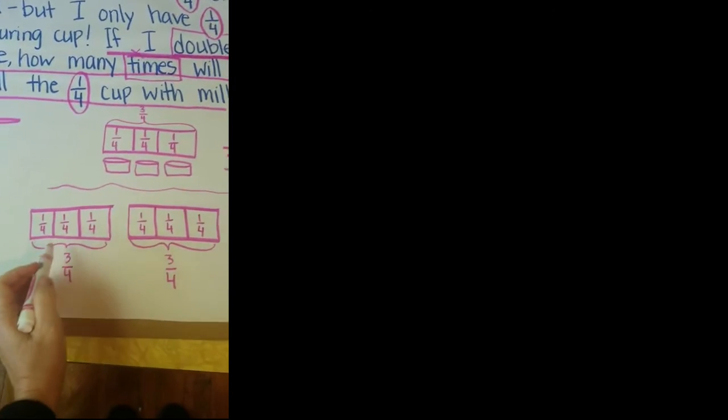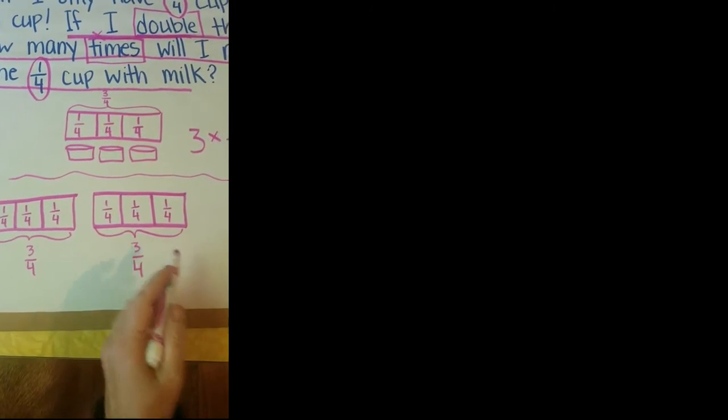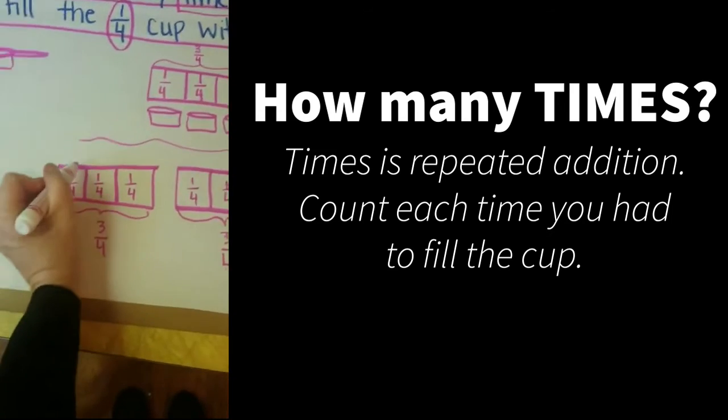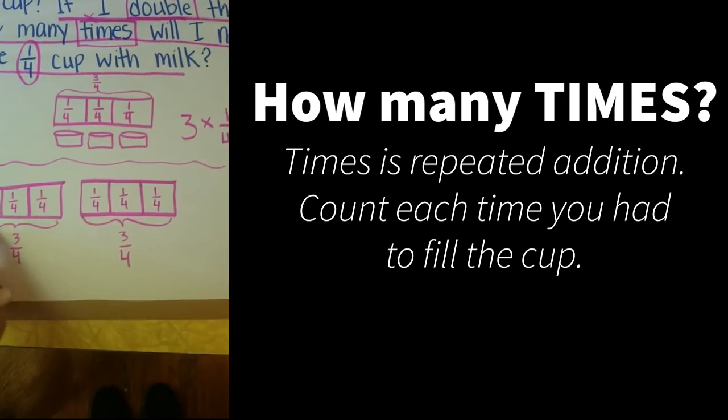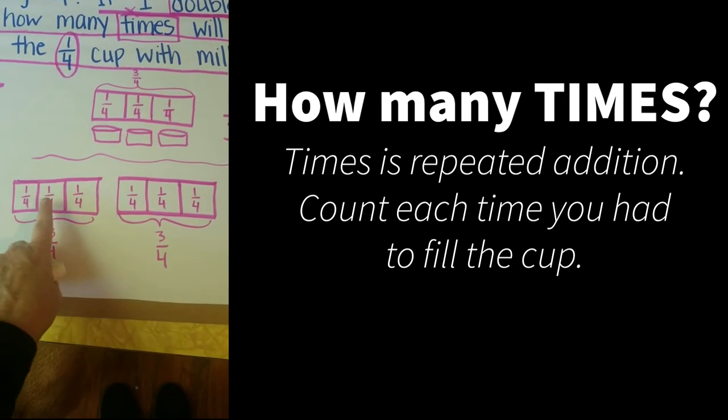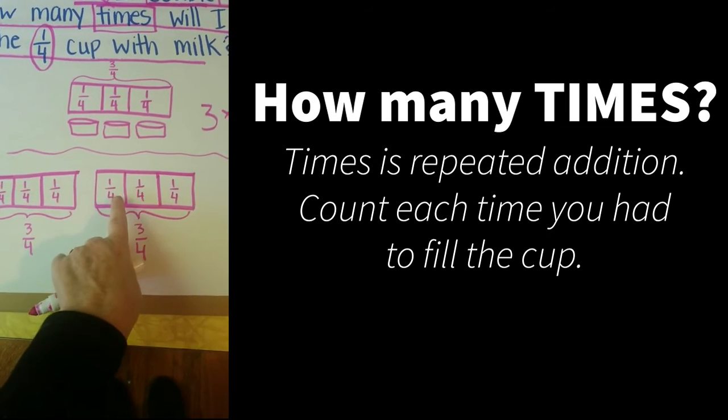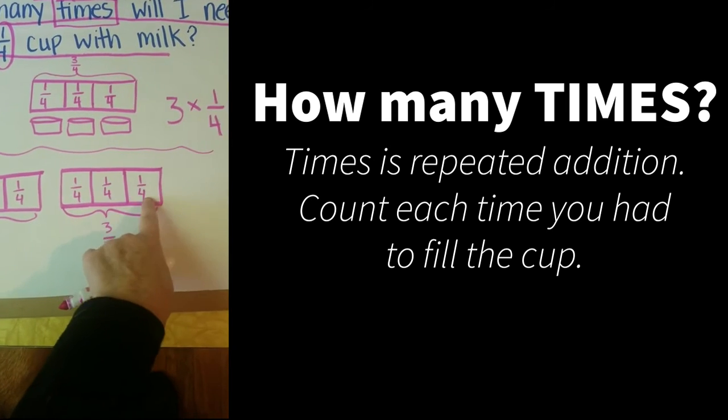So for one cake, I need 3/4, and for the second cake, I need 3/4. So how many times am I going to have to fill up my little 1/4 cup? So I'm going to go ahead and count these times. This is 1, 2, 3, 4, 5, 6.